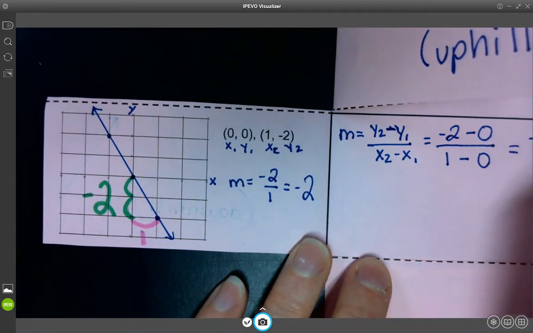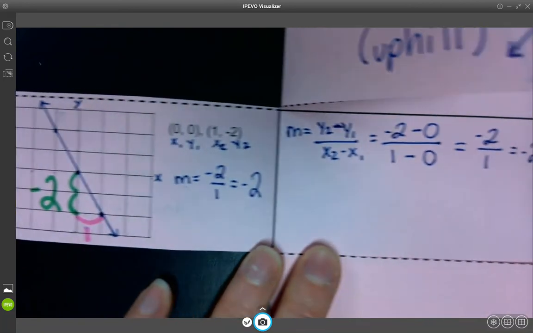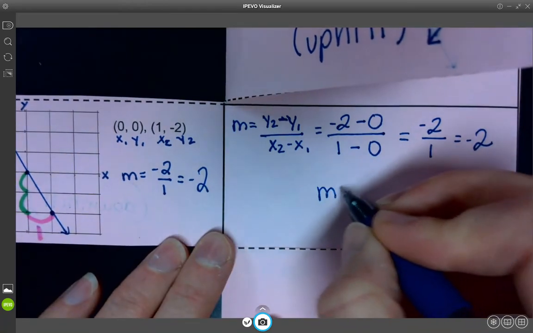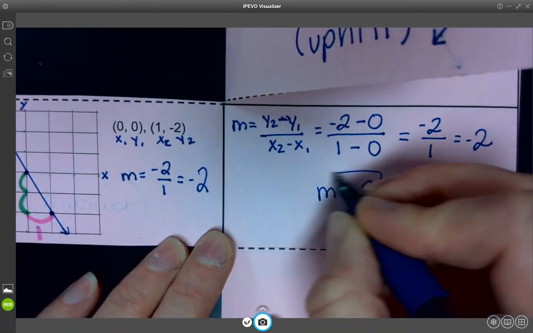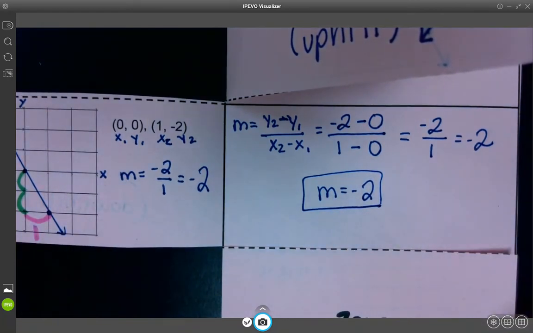It's a negative 2 over 1, which just equals negative 2. So m equals negative 2, which is the same. Just two different ways of getting it, graph or formula.